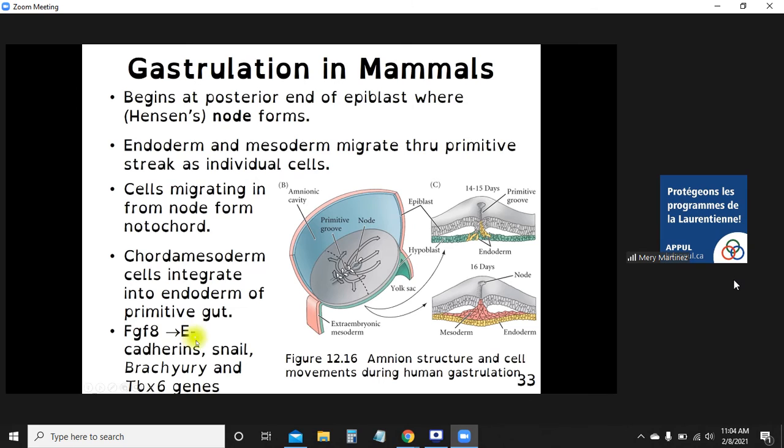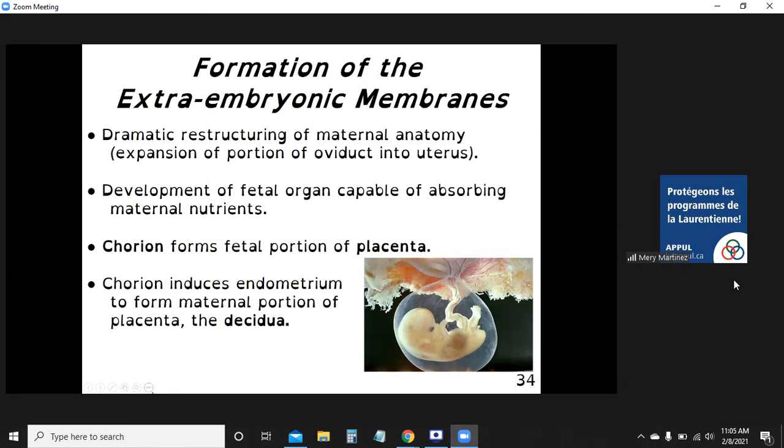We know that these cadherins were used to compact those cells, remember? So now FGFs will downregulate the E-cadherin that holds the epiblast together and start controlling now the Snail, Brachyury, and TBX6 genes. The same type of genes that we saw in chicks.